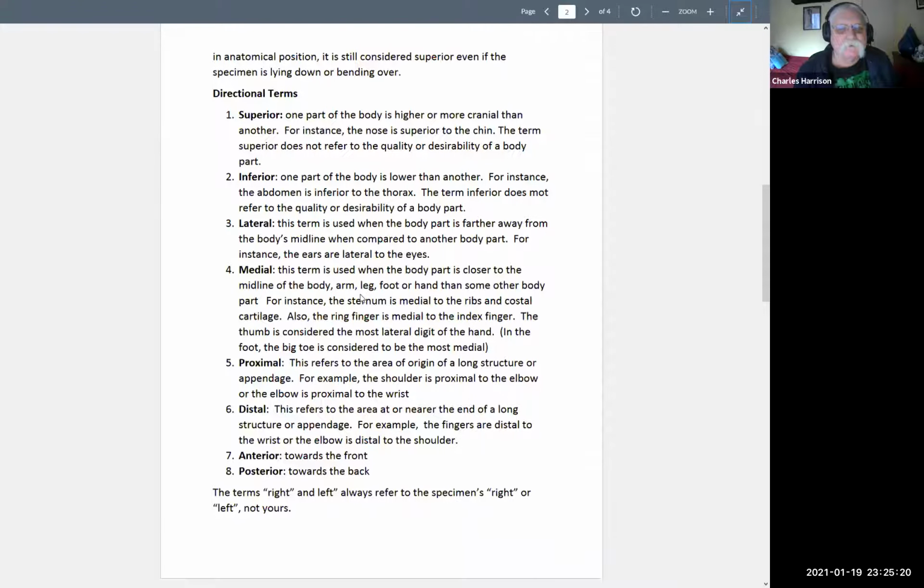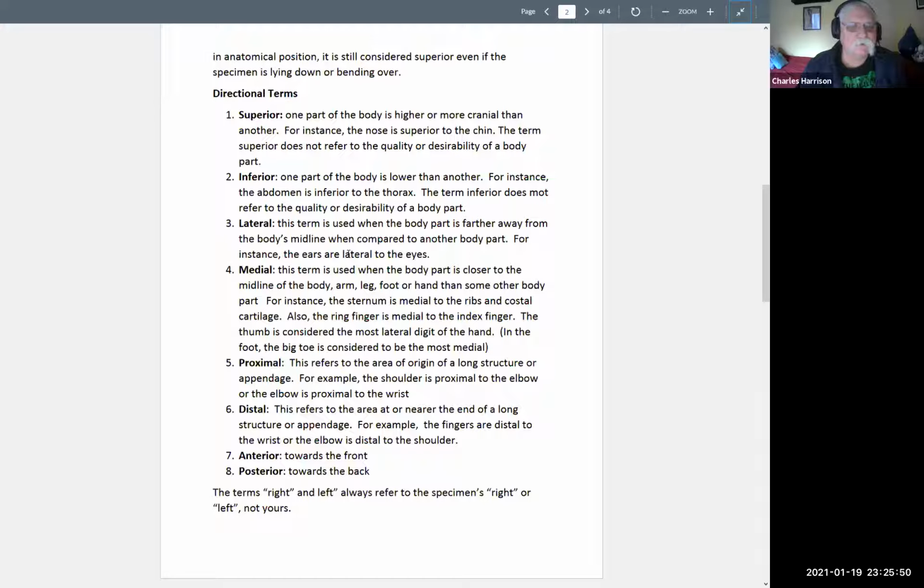Lateral. Lateral is a term that we use when something is moved away from the center of the body or is farther away from the center of the body than something else is. So, my arms are lateral to my chest. Put your hands out in front of you. Do you have your fingernails showing?